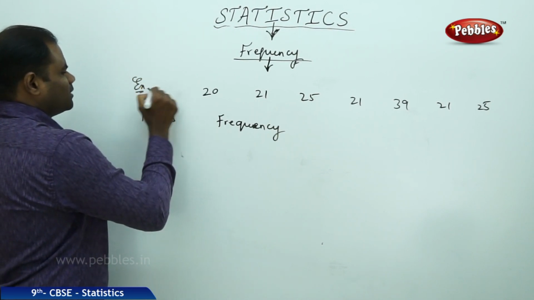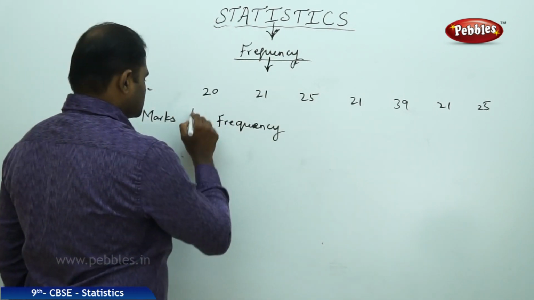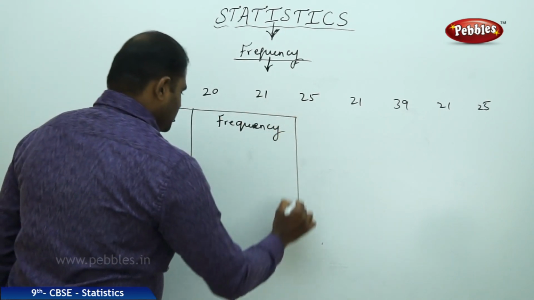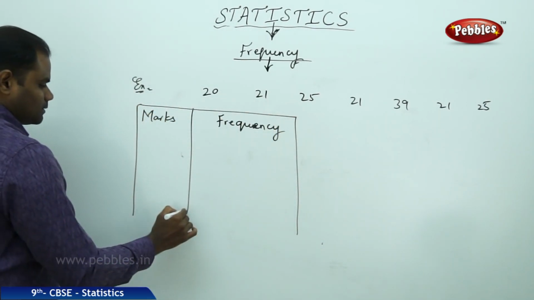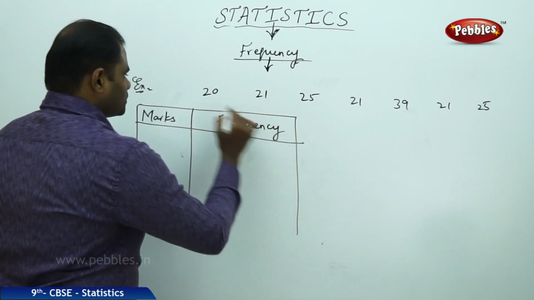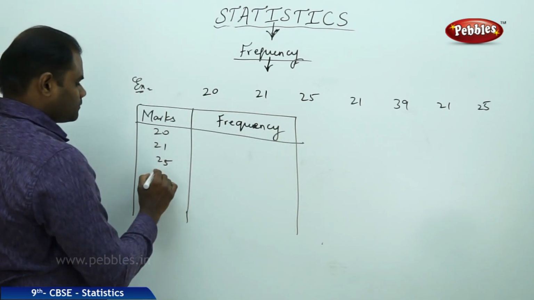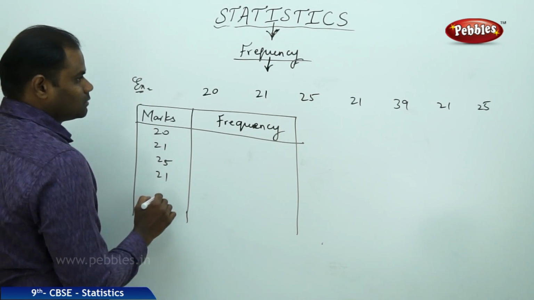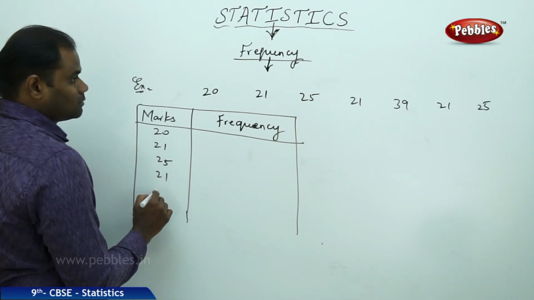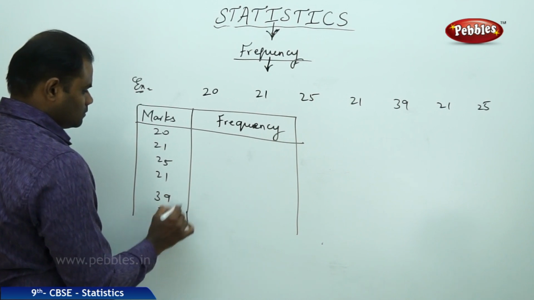If these are assumed to be marks, let's make a frequency column for that. Now here the marks are 20, 21, 25, 21, 39, 25.